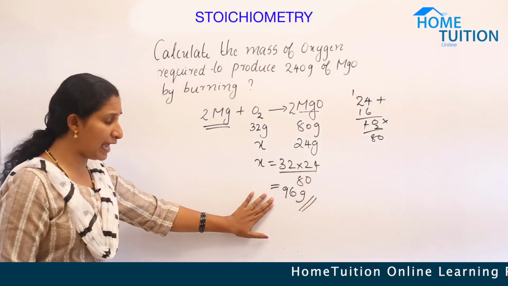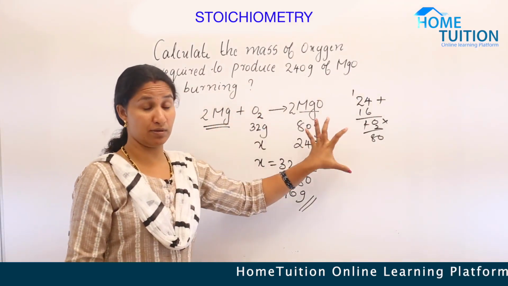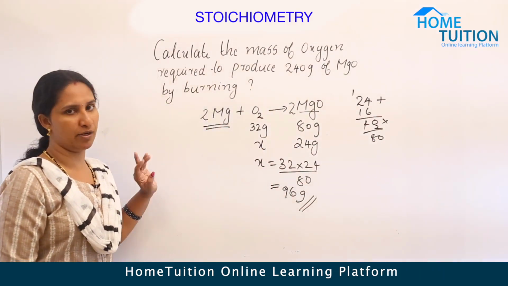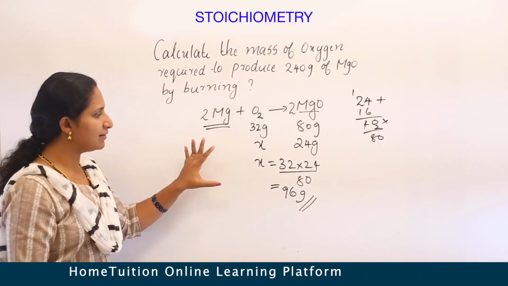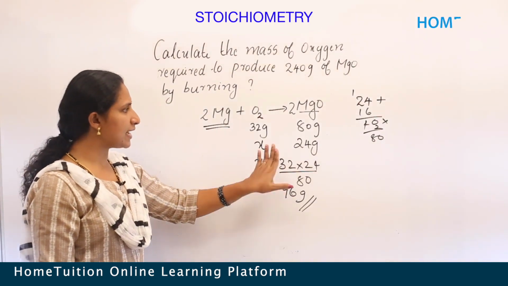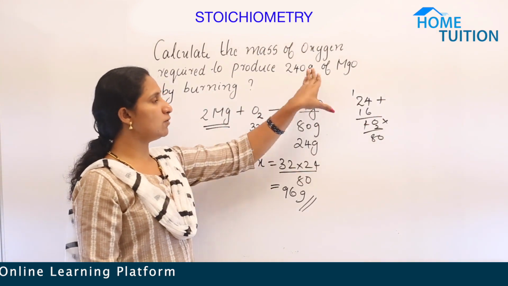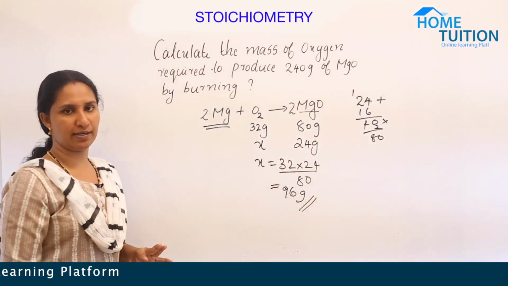We arrived at the answer using the balanced chemical equation, by the stoichiometric coefficients. Is it clear? So we can say that 96 gram oxygen is required to produce 240 gram magnesium oxide.